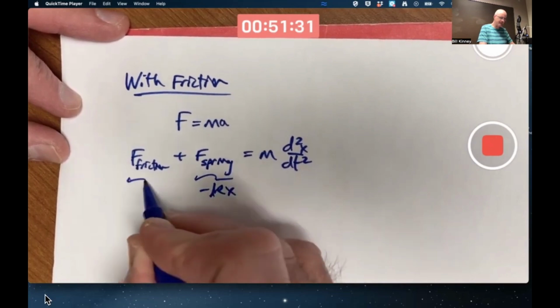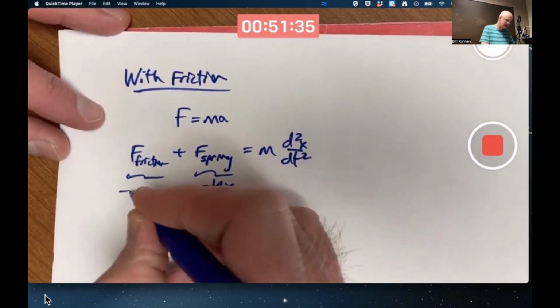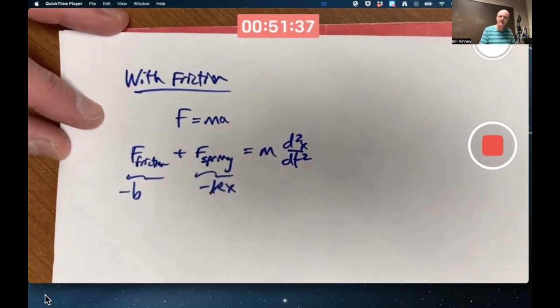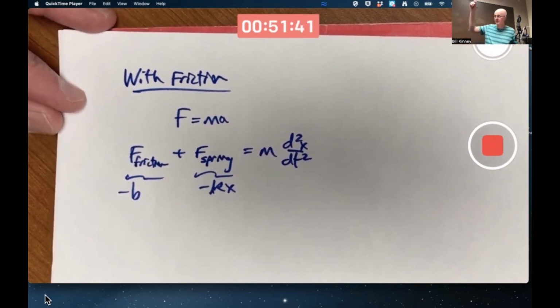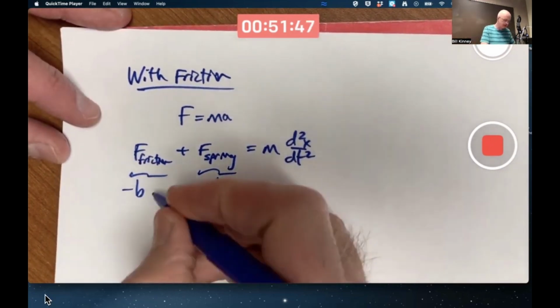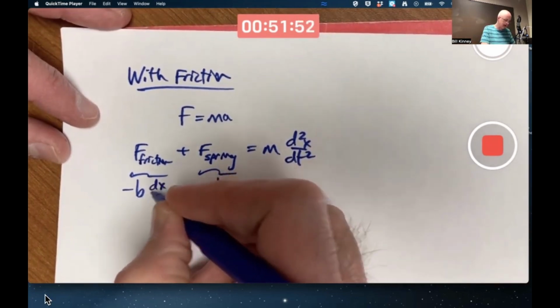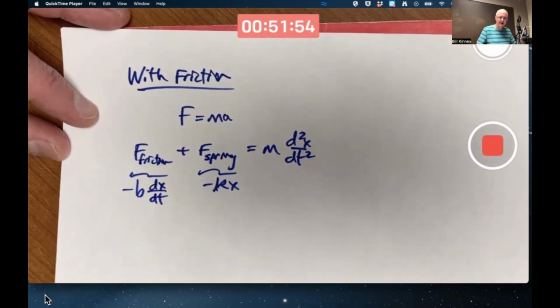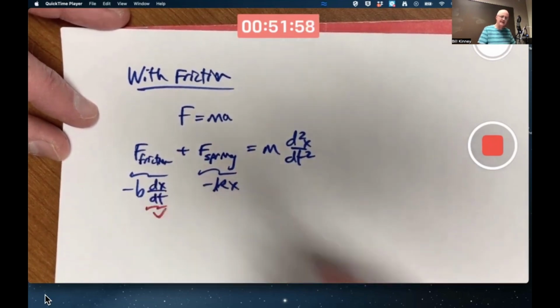What about the friction force? It's a negative constant. I'll call it negative b times the velocity, just like with air resistance for a falling object. Call the constant negative b, often called the damping constant. It gets multiplied by dx dt. That is the same as v, but in the differential equation I will leave it as dx dt.